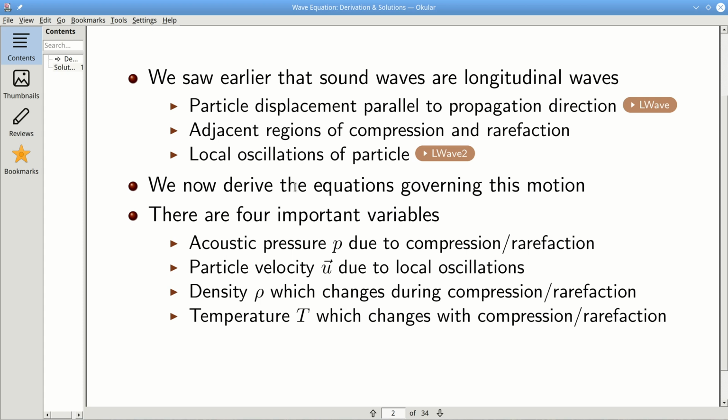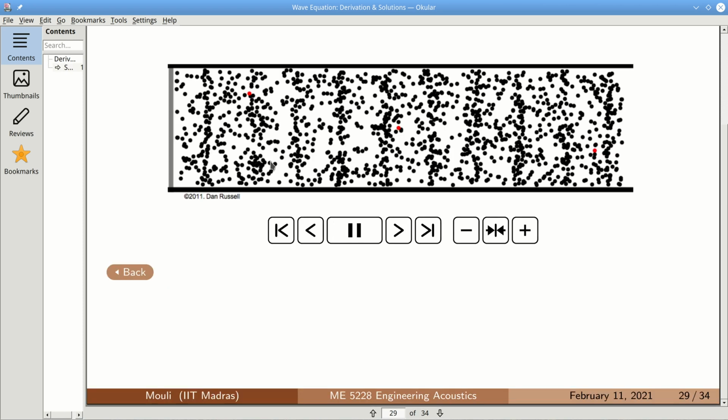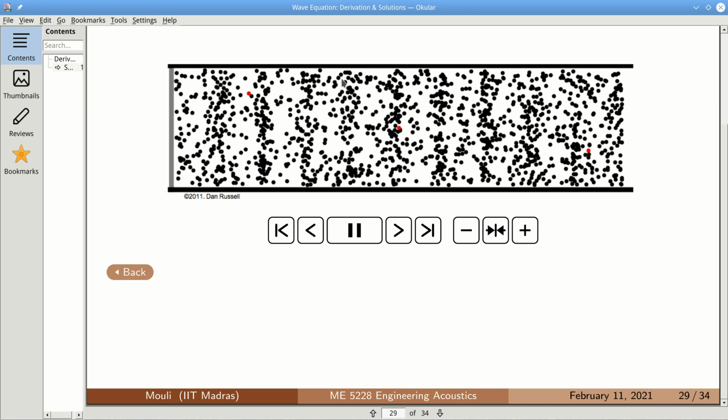You can see that as the wave propagates, you can see dense particles, and then the particles move away. In the denser regions, the pressure will be what we call compression. So therefore pressure will be larger, compressive pressure. Then when the particles expand, you have what is called a rarefaction or an expansion.